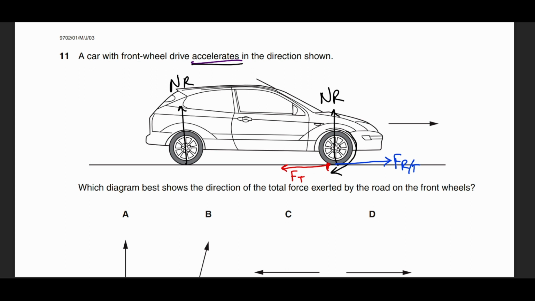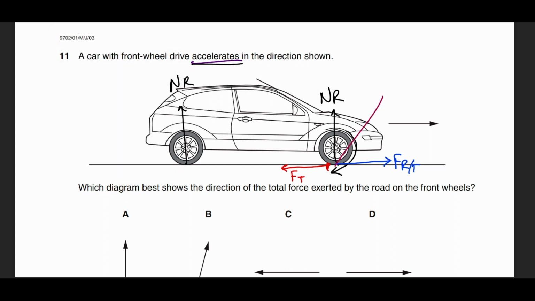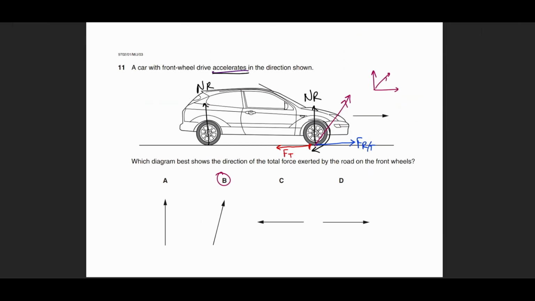He's asking you about the resultant force on the wheels. So we are just going to see very clearly that if this is the case, then the resultant force will be in this direction, as simply as visualizing vectors. So very clearly, this comes down to option B. Okay, so this is another common example of what students generally visualize versus what it actually is going to be.